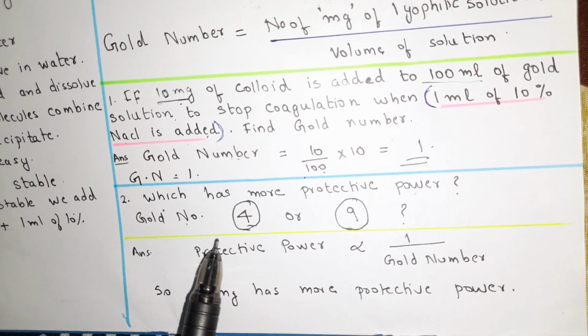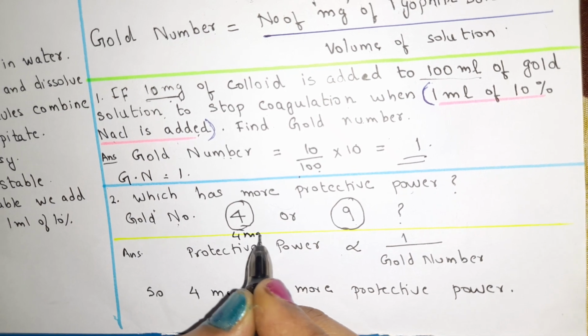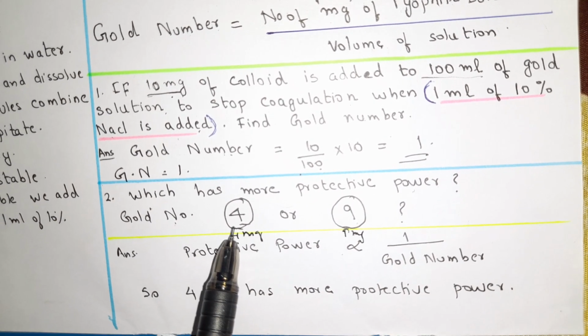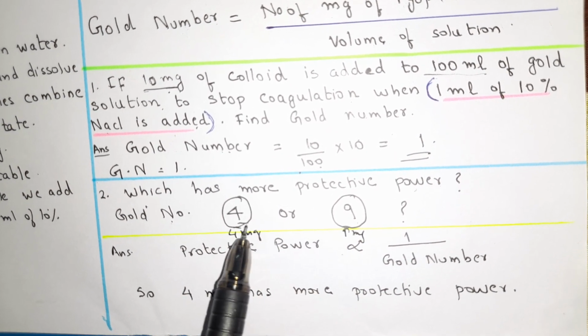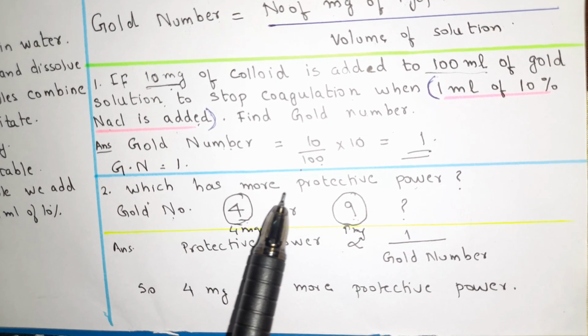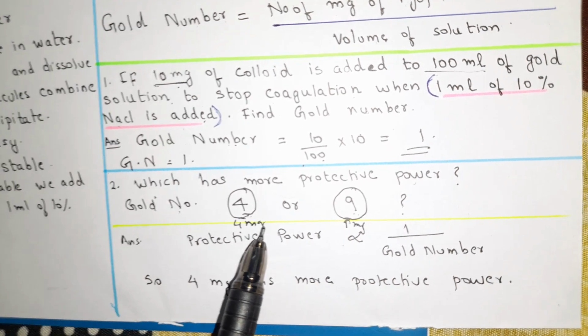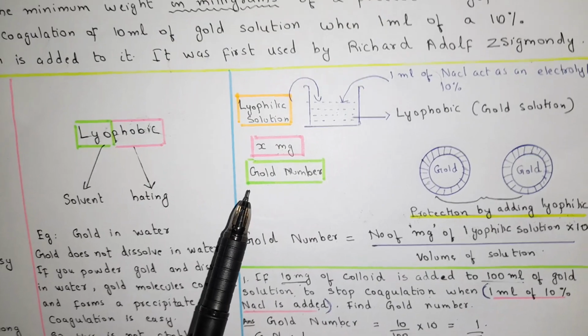So 4 milligram and 9 milligram. 4 milligram has more protective power because it is inversely proportional. So you have to look at both the numbers. If they ask for the one which is having more protective power, then take the smaller number, not the big one.